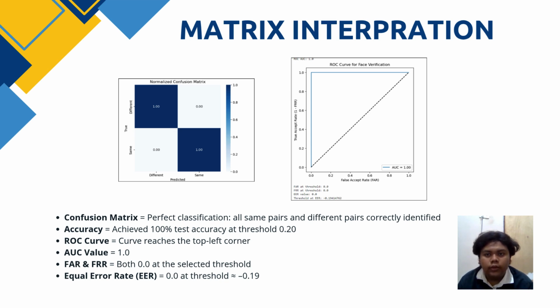So the system neither accepts an unauthorized user nor rejects an authorized one. And finally, the equal error rate, EER, is 0.0 at a threshold of about negative 0.19, showing that there is no trade-off between FAR and FRR in this dataset.